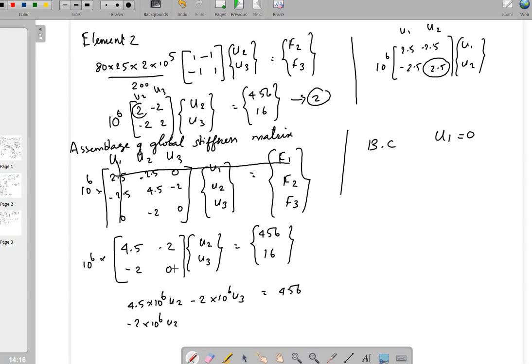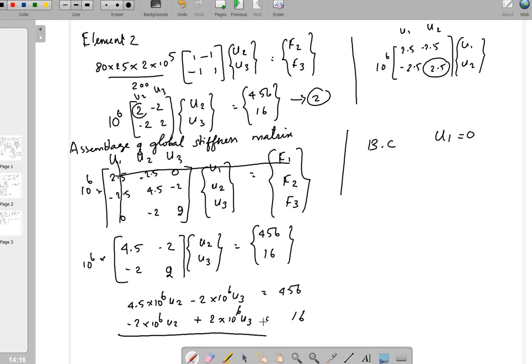Sorry, I think it is 2. Verify the value of u3 u3. The value of u3 u3 is 2, there is no chance of getting 0. So minus 2 u2 plus 2 into 10 power 6 u3 is 16.